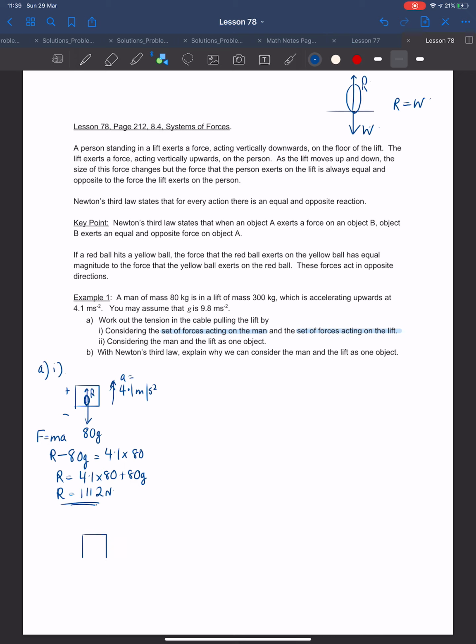And then part C. Work out the greatest height of the 4 kilogram mass above the ground in subsequent motion. You may assume g is 9.8 metres per second squared. Okay, so this 4 kilogram mass starts at 0.6 metres above the ground, and then it moves up another 0.2 metres.